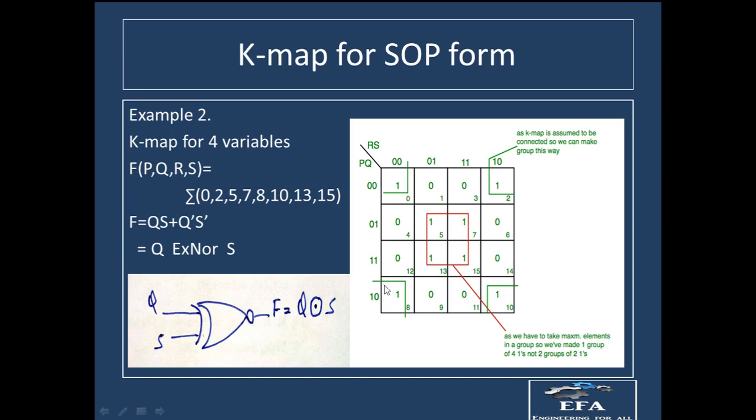So out of these two, you can see P is equal to 0 here and P is equal to 1 here, right? So P is changing, so we have to drop it. Q is equal to 0 and Q is equal to 0. So Q is the same, so we have to keep it, right? So because the value of Q is equal to 0, the value which we have to take is Q complement, right? So you can see we are taking Q complement from here.